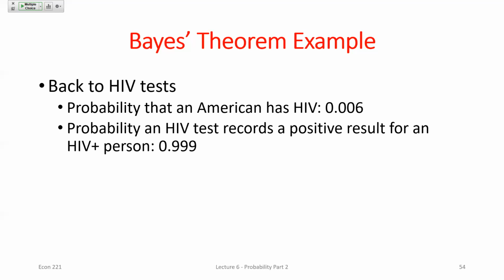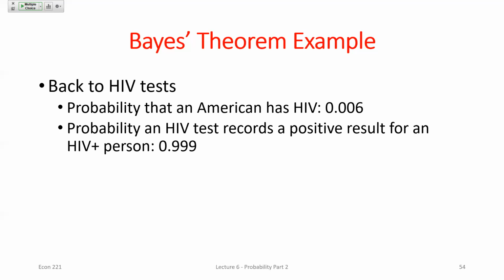Using this terminology of "given" tells you that you're looking at a conditional probability. What am I conditioning on? What's given to be true? That the individual is HIV positive. So given that the individual is HIV positive, the probability that I see a positive test result is 0.999.